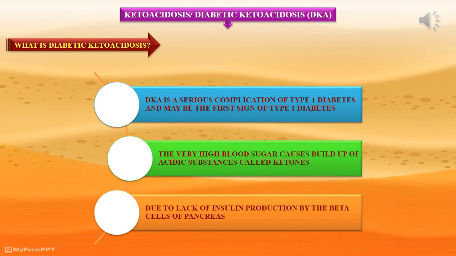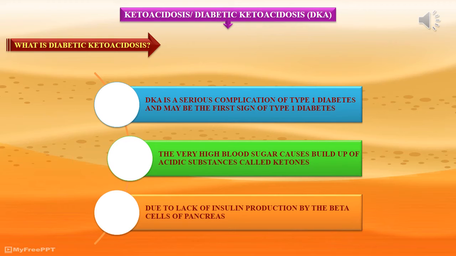Let's move on to the second part of today's discussion, that is ketoacidosis. It is otherwise known as diabetic ketoacidosis, that is DKA. What is DKA? It is a serious complication of type 1 diabetes, and it may be the first sign of type 1 diabetes. It is due to very high blood sugar, which causes a buildup of acidic substances called ketones.